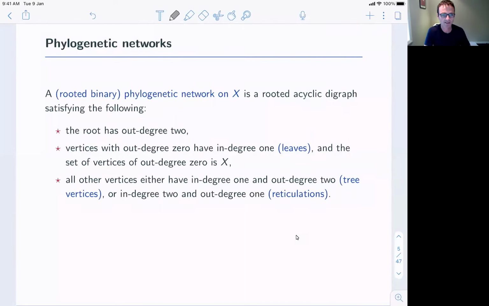Right, so as a warm up, though many of you know this, looking across the audience today: what's a phylogenetic network? Well, all the ones we're going to be interested in are rooted and binary. They have a root of out-degree 2. I'll quickly draw this.